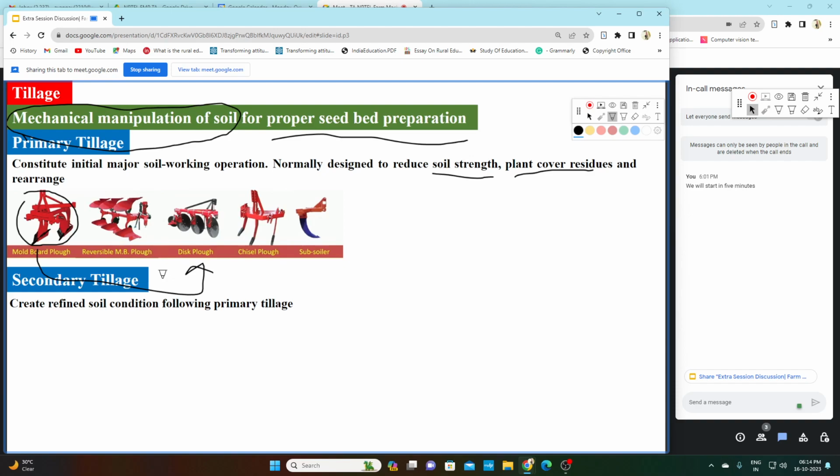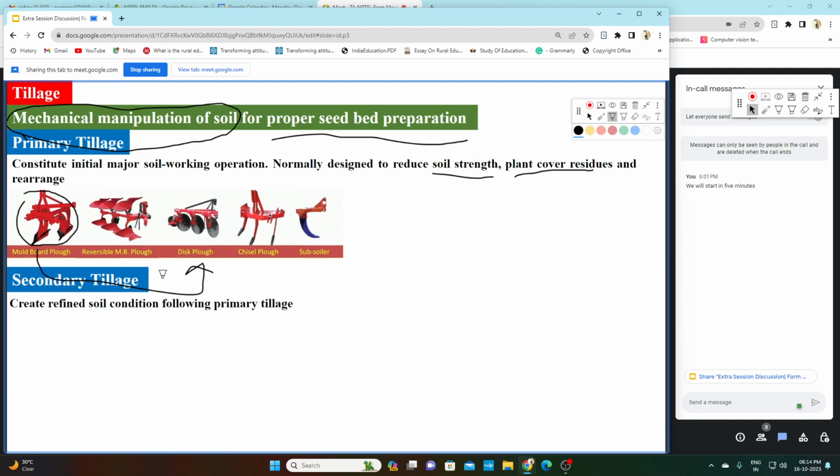Then secondary tillage. Once we have done primary tillage, we have to create refined soil conditions so that we can sow our seed. Because after primary tillage, our land is not leveled.